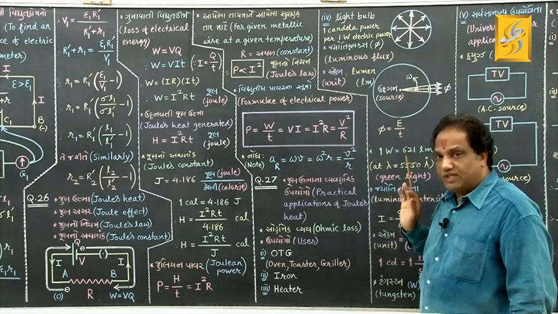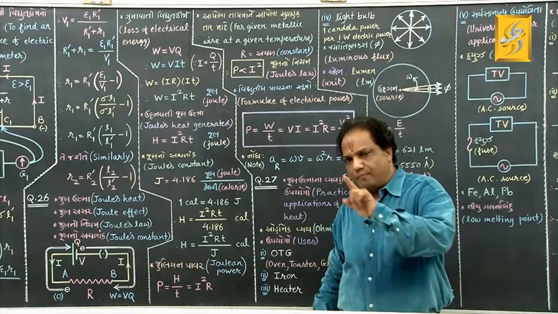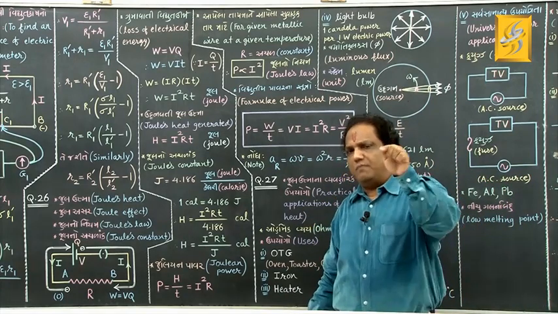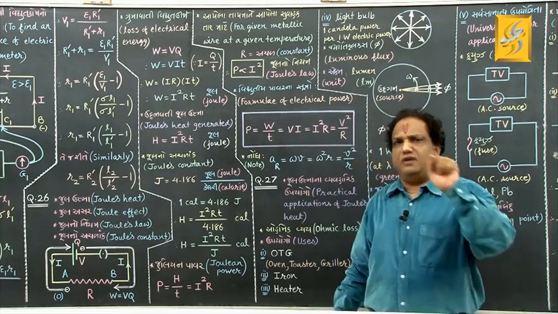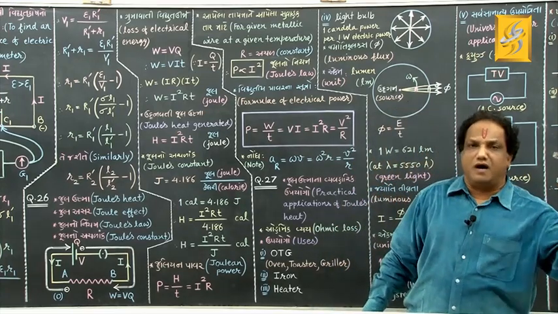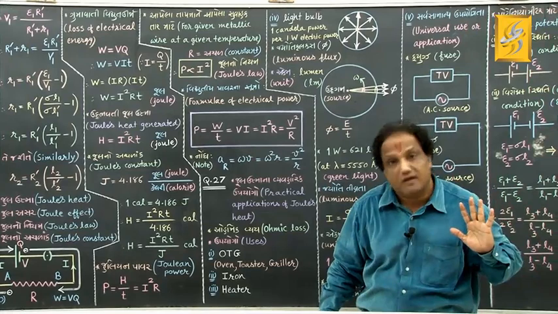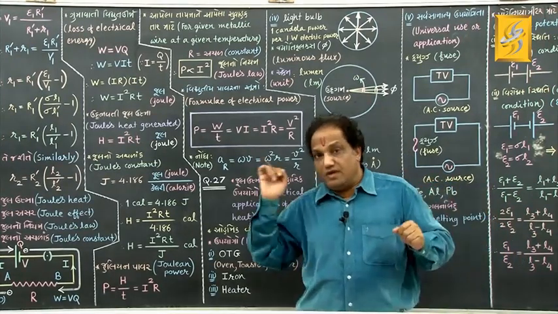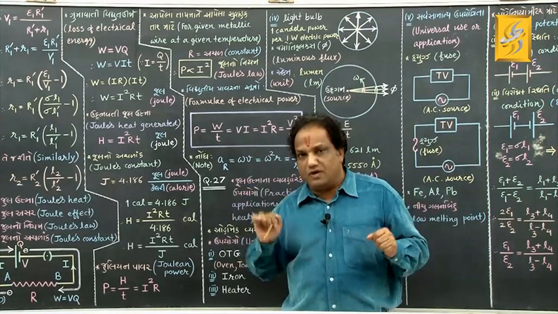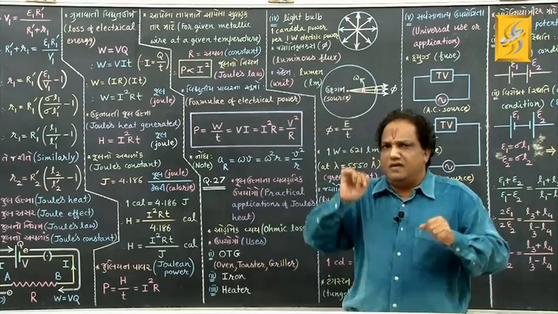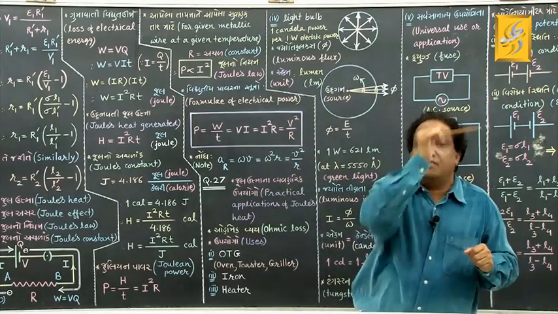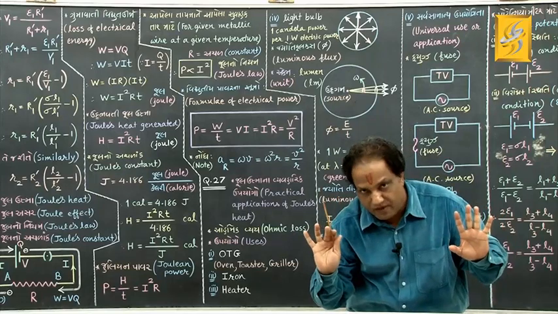How would you remember all these 4 formulas? Very simple. P equals W upon T, V into I, I square into R, V square upon R. Can you remember this way?